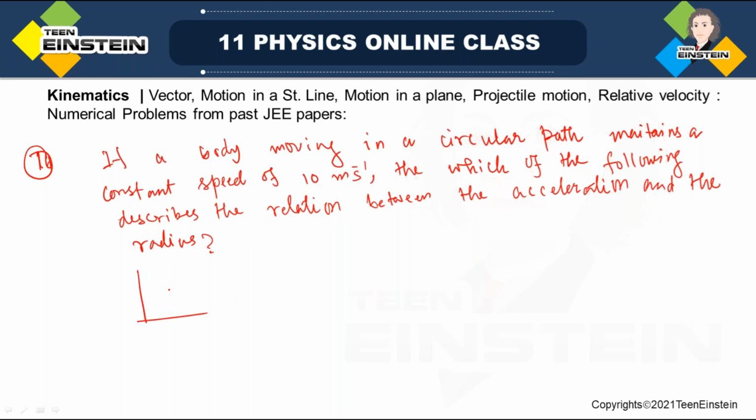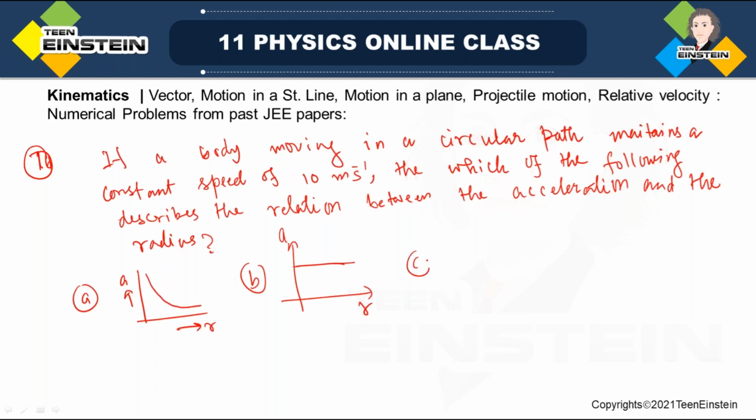So first graph is like this. These are not up to the scale, but this is the nature of the acceleration with respect to the radius. This is option A. Option B is saying r, and this is acceleration along this way. So this is a straight line parallel to the radius.